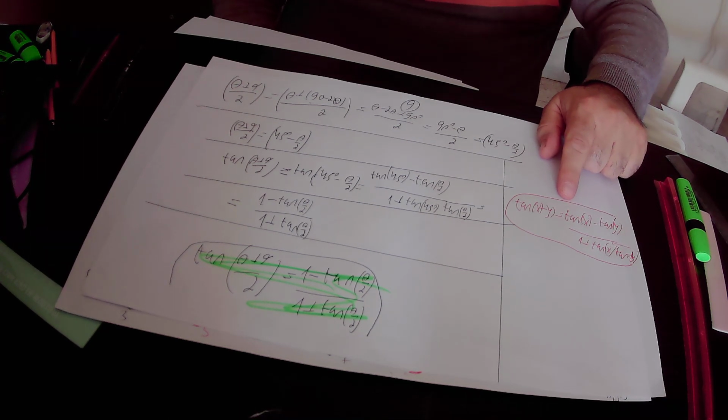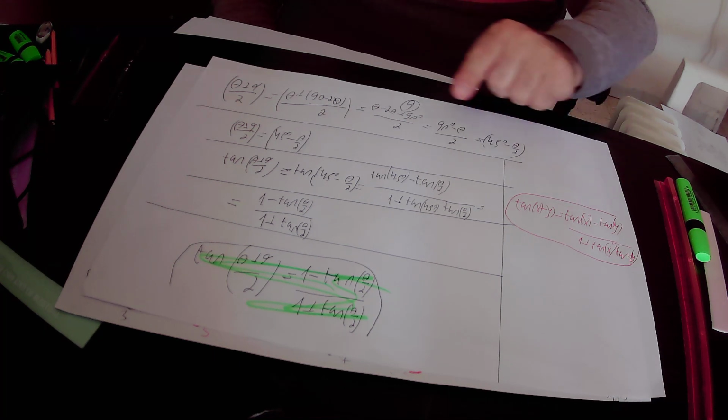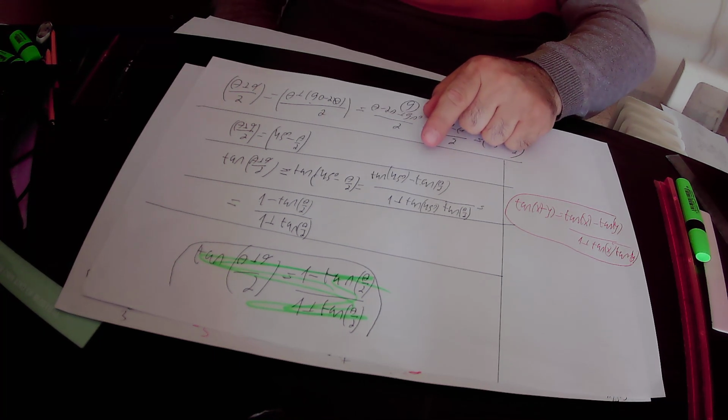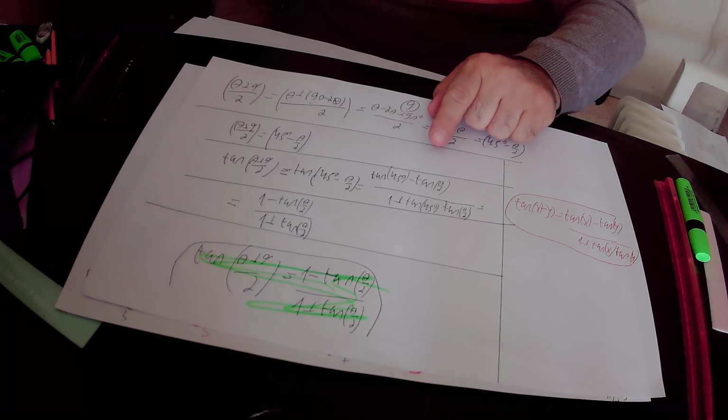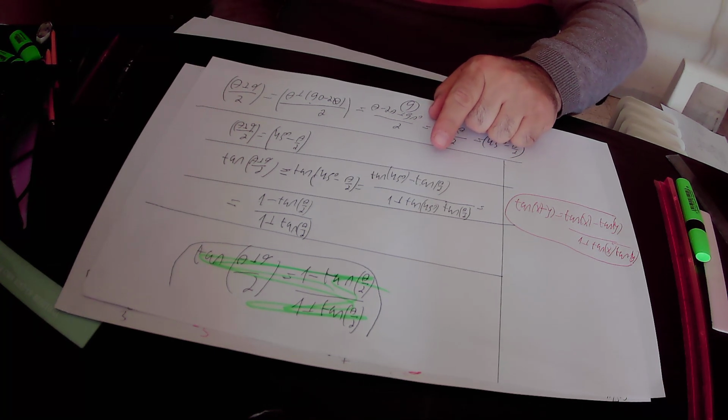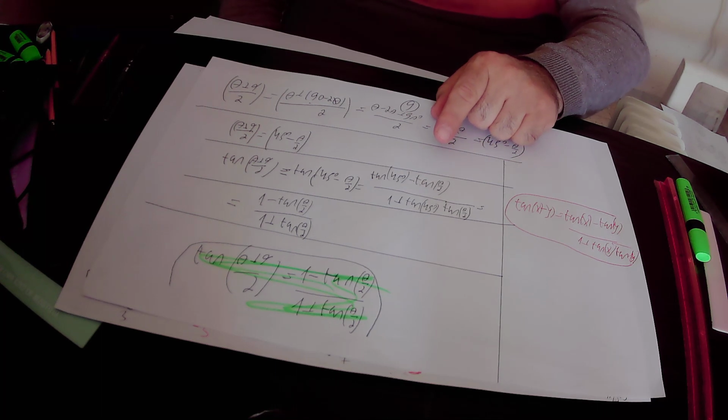According to this identity, we will get that tangent of (45 degrees minus theta over 2) equals (tangent 45 degrees minus tangent theta over 2) over (1 plus tangent 45 degrees times tangent theta over 2).